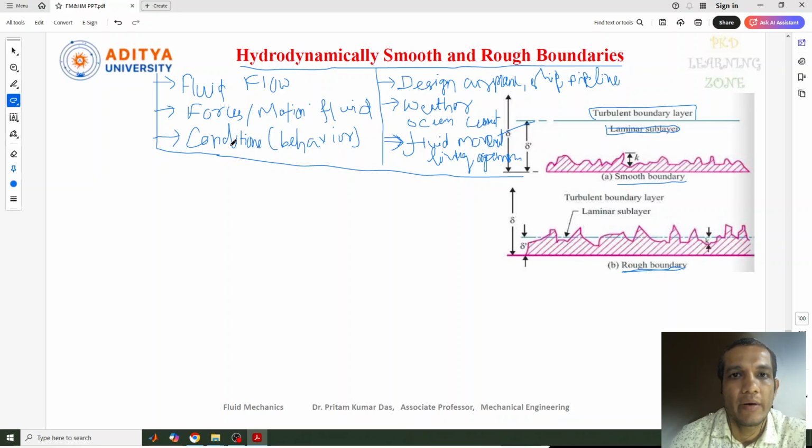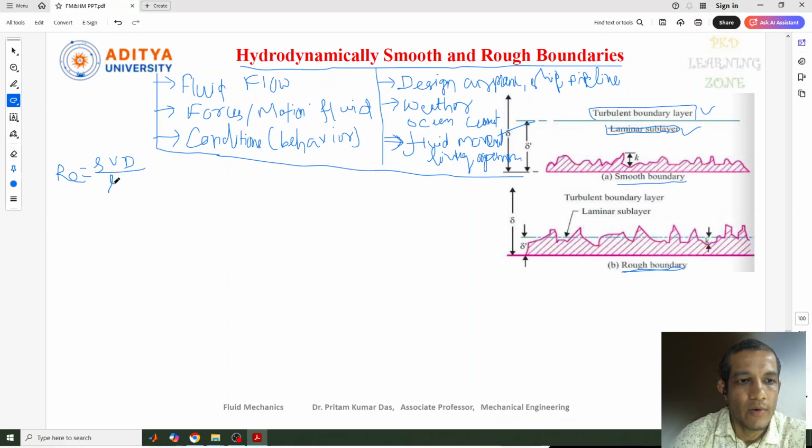First, let me give you some brief conceptual knowledge about the flows. How we can identify whether the flow is laminar or turbulent, we have already discussed previously. Based on the Reynolds number, we can identify whether the fluid flow is laminar, turbulent, or transition.